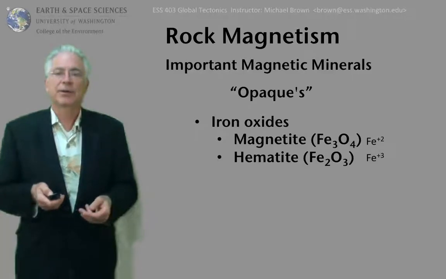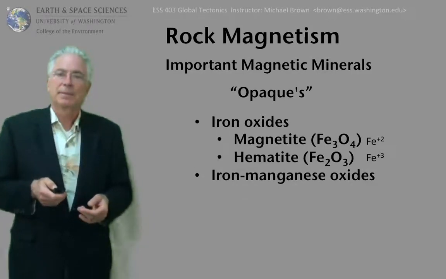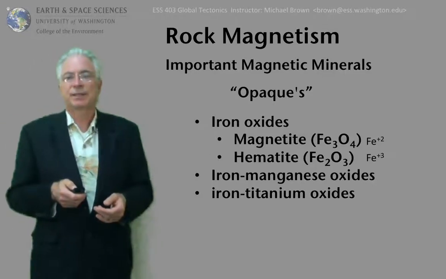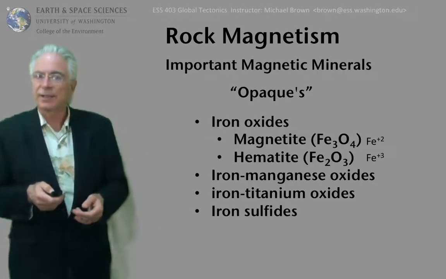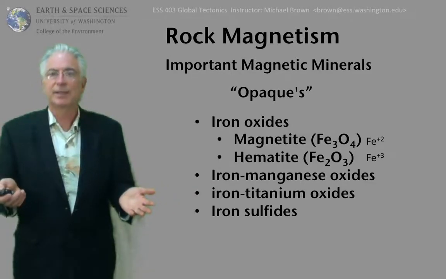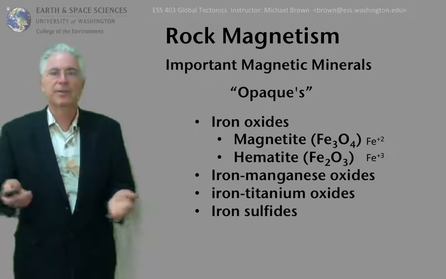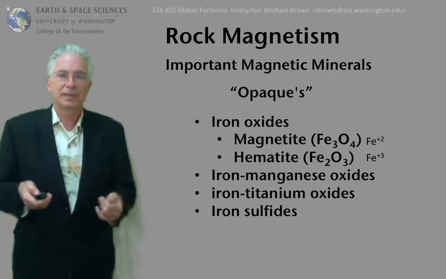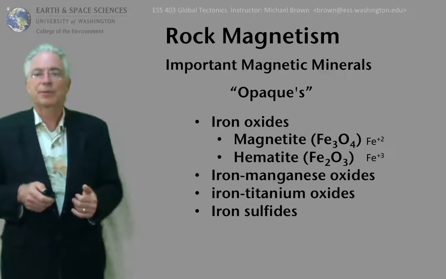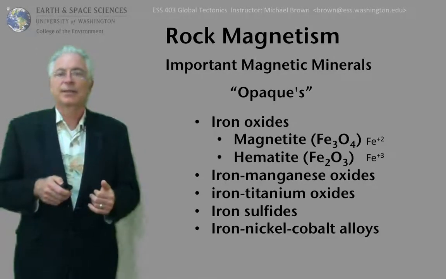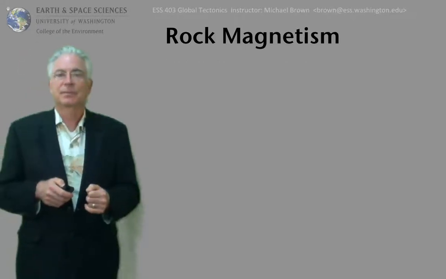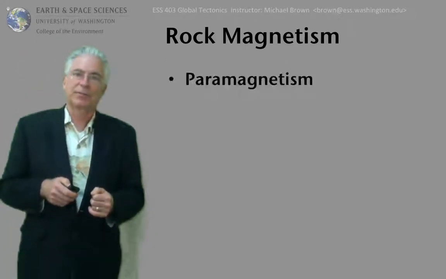In addition to the iron oxides, there are iron manganese oxides, iron titanium oxides, iron sulfides. You notice iron is ubiquitous. It's a very common element in all minerals, and thus iron-based minerals are a major source of magnetic properties of rocks. And finally, there are the iron, nickel, cobalt metallic alloys. So let's go on from there.